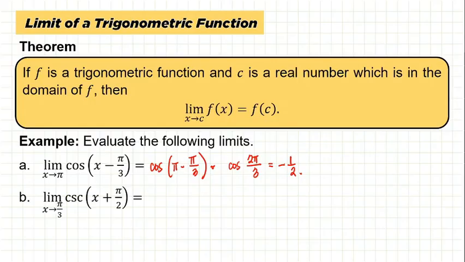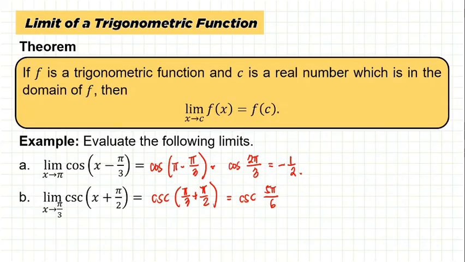Next, we have the limit of cosecant of x plus pi over 2 as x approaches pi over 3. So we have cosecant of pi over 3 plus pi over 2. So we will have cosecant of 5 pi over 6, right? And 5 pi over 6 is located again at quadrant 2.